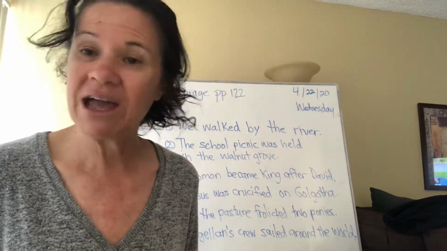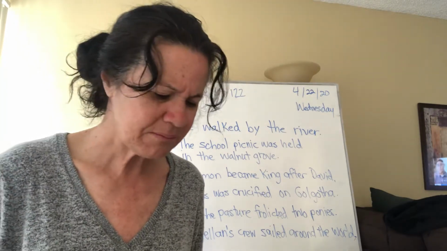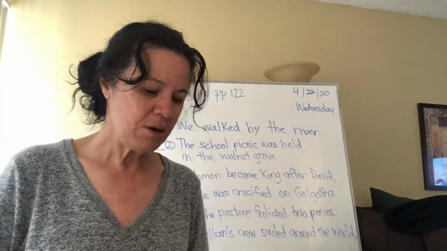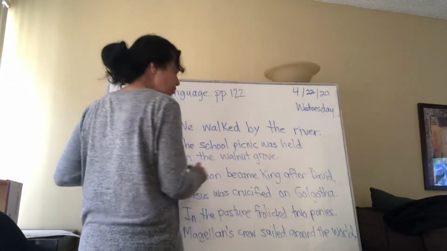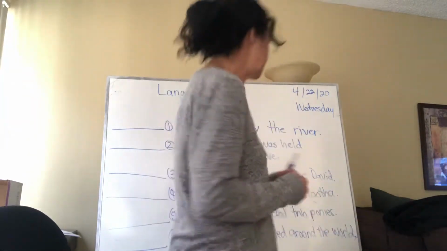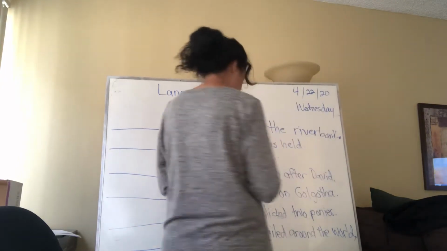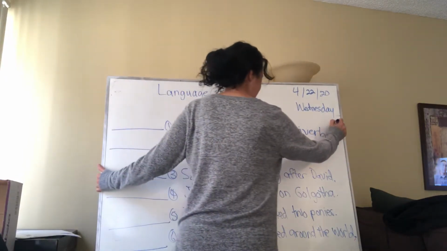All right? So look at think, number one. Place parentheses around each prepositional phrase, and then in the blank, write the verb that it modifies. Okay, so let's look at number one. We walked by the riverbank. So I see my preposition, it should say by the riverbank, right? I'm sorry. Let me put the word bank. Here's my blue. By the riverbank. So we mark our preposition by the riverbank.